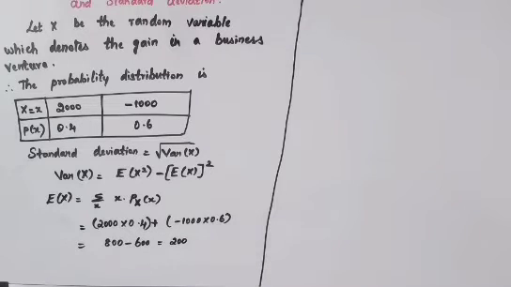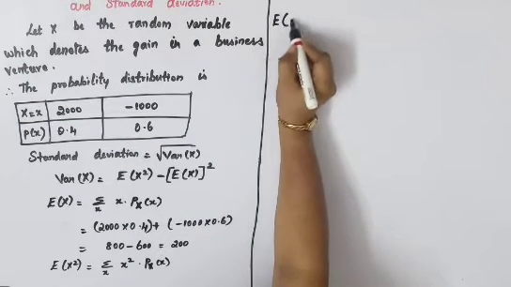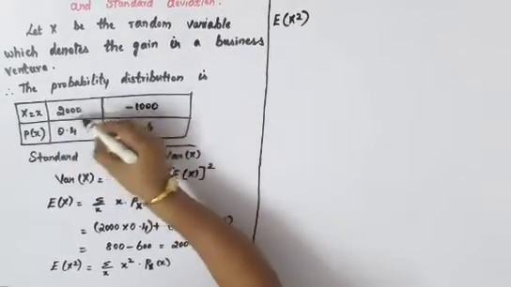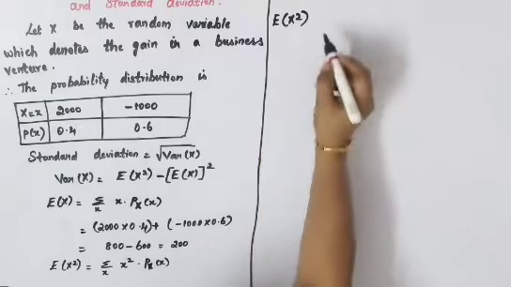Next is E of x square, which is inside square. The formula is sigma x square into p of x. Just square this x, then multiply with the probability.